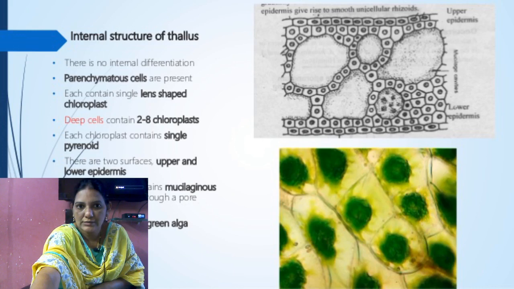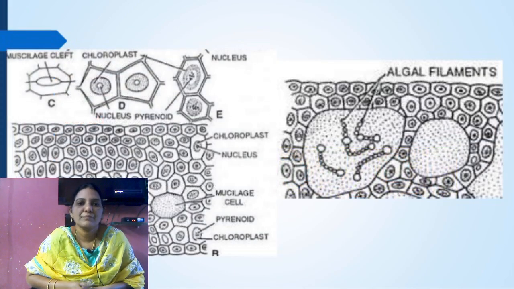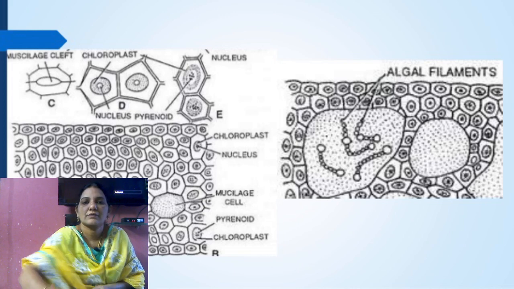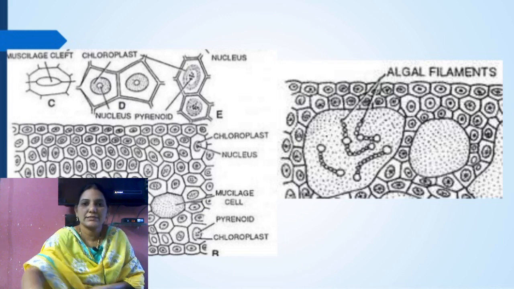Nostoc gives nitrogen to the thallus, and the thallus gives a place to the Nostoc. This is also the internal structure of the Anthoceros thallus. In the second picture we can see the mucilage cavities, and a Nostoc colony present in the mucilage cavities.